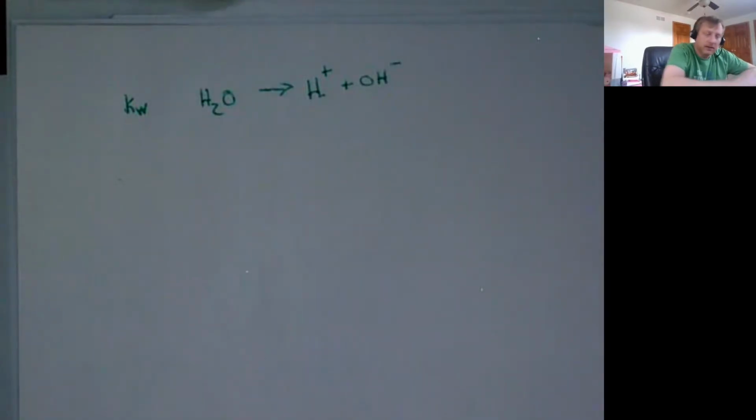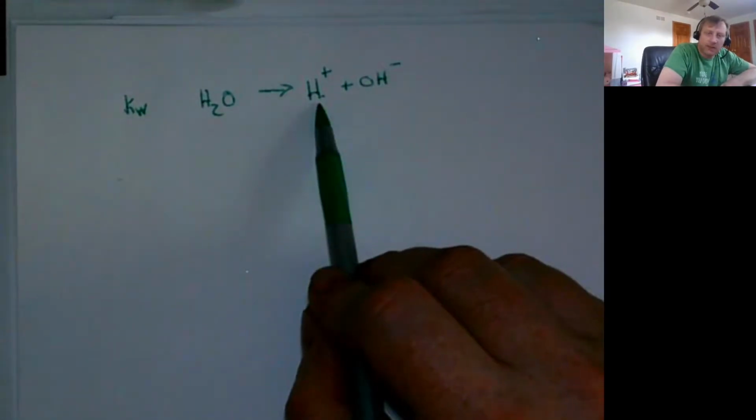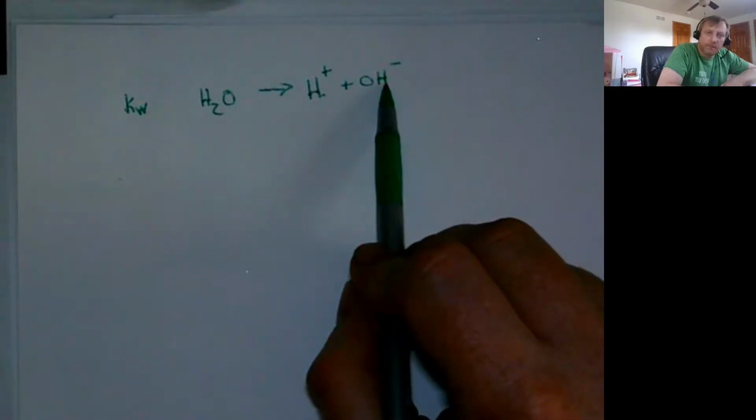But like any equilibrium constant, we're going to start off with an equilibrium expression. We have to start off with a balanced chemical equation. So what are we looking at here? We're looking at the fact that pure water on its own sometimes breaks down into some hydronium and some hydroxide.